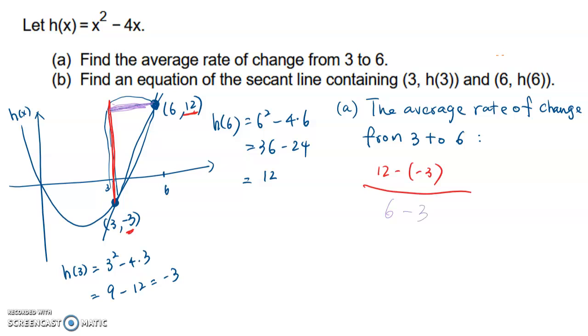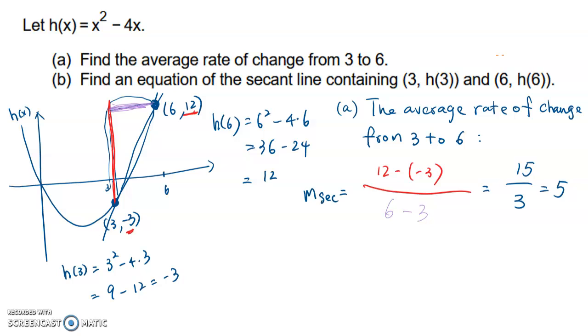Right? So to do the calculation, we have 15 on top divided by 3, and that is 5. So the average rate of change from 3 to 6 is 5, which we know is also the slope of that secant line.